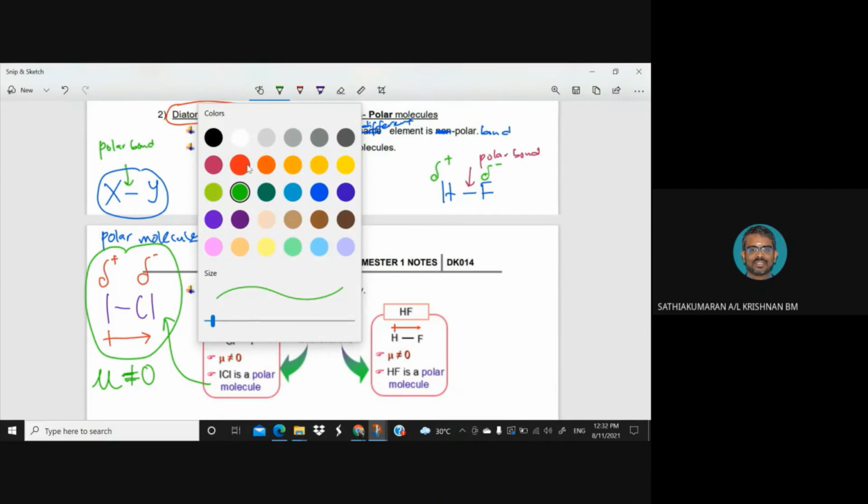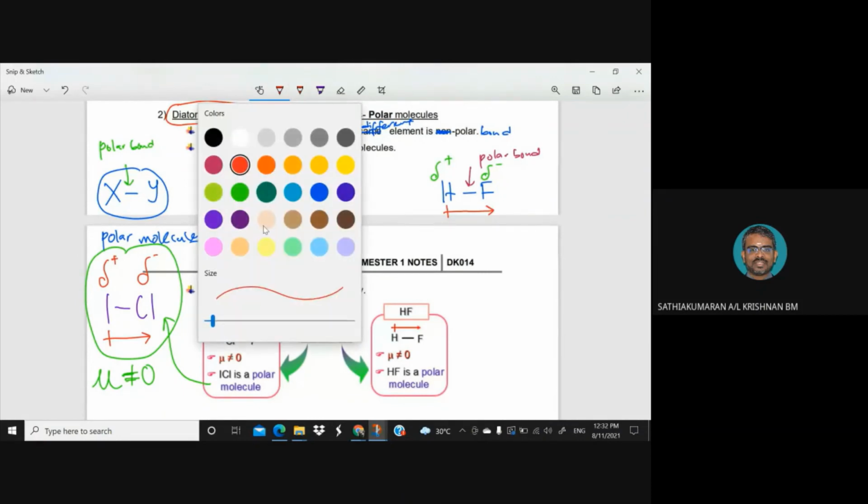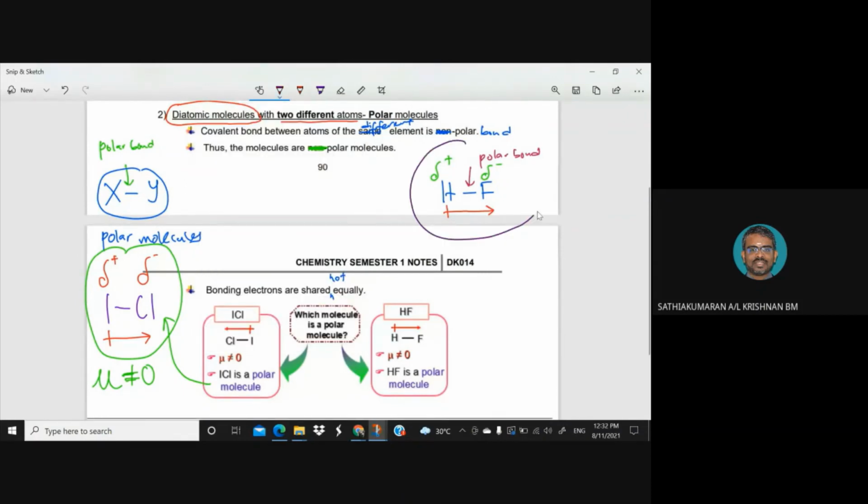Here I can draw the bond dipole or polar arrow. So for this molecule, mu is not equal to 0, so this molecule is a polar molecule. This is type number 2. Now let us see type number 3. What is type number 3?